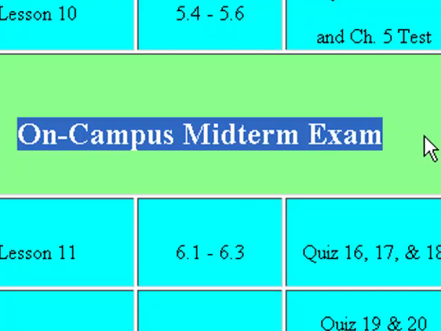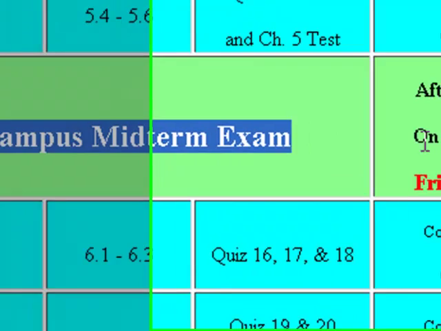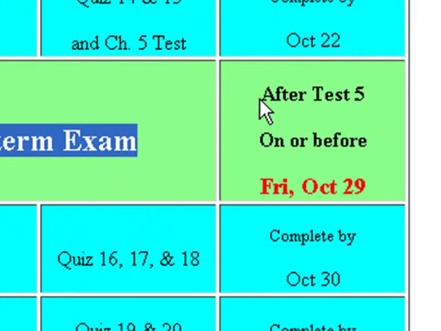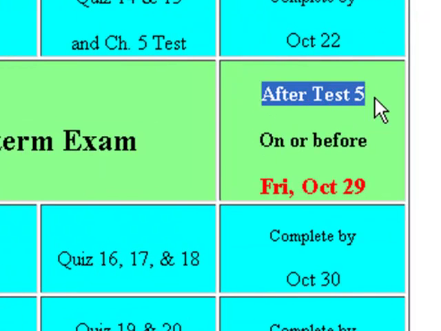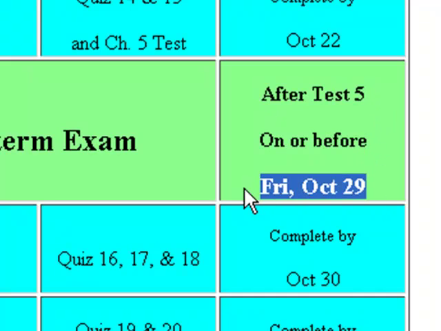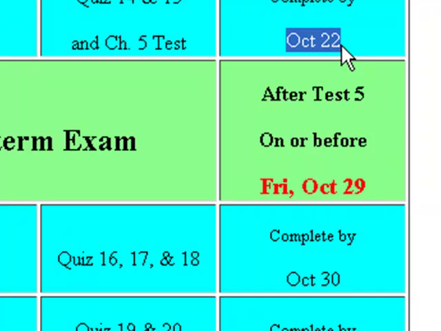And I don't tell you one day to be here. I just say you have to be here after your test 5, and then on or before, in this case, Friday, October 29th. In fact, if you finish chapter 5 before October 22nd, then you can take the midterm exam at that time, whenever you're ready.